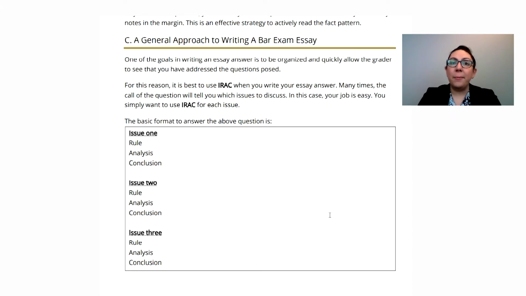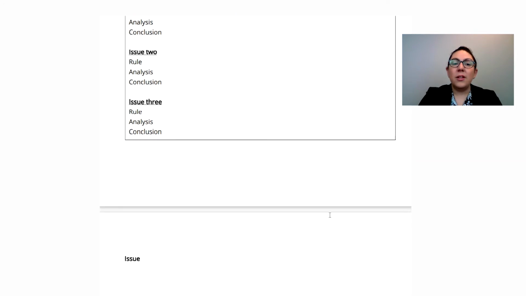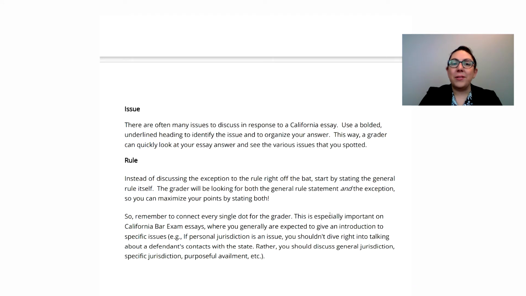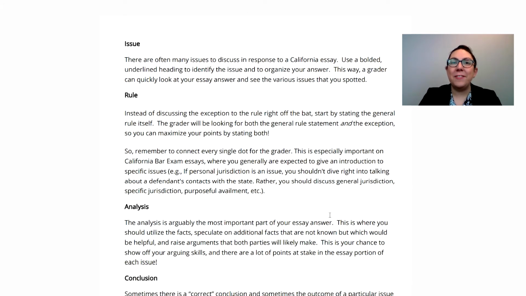So if you separate your essay into 3 distinct paragraphs underneath each heading, and you look back at your answer and you only see 2 paragraphs, that's a good hint to yourself that you forgot something. So separating it out like this is a useful tool to make sure that you include everything you need to in your essay. So let's talk about some specific tips for each of these particular pieces of the IRAC.